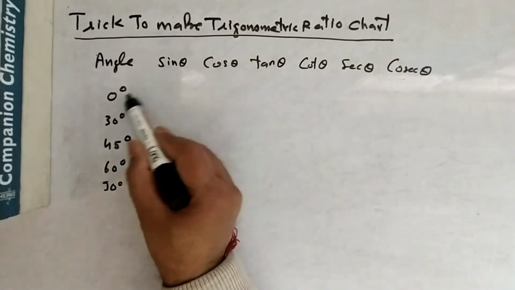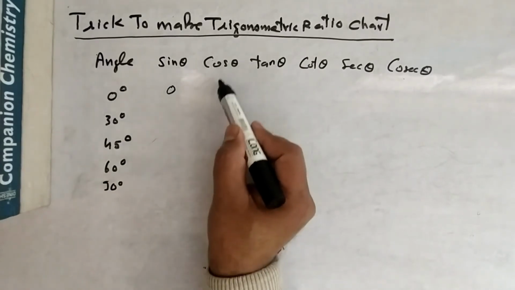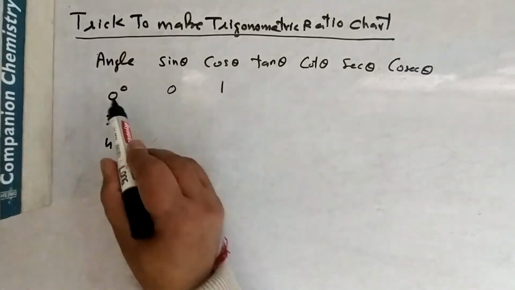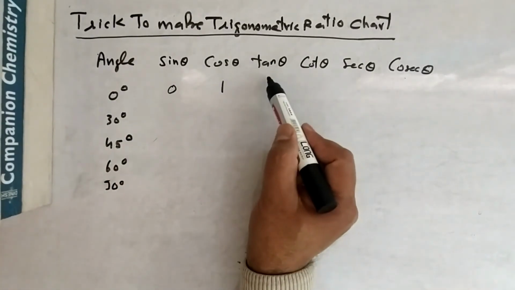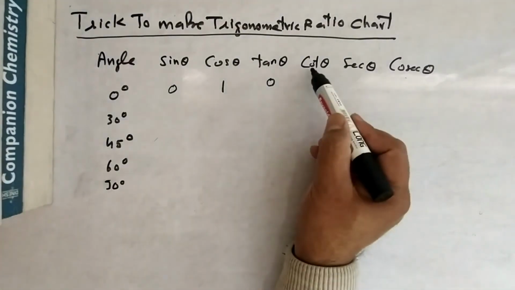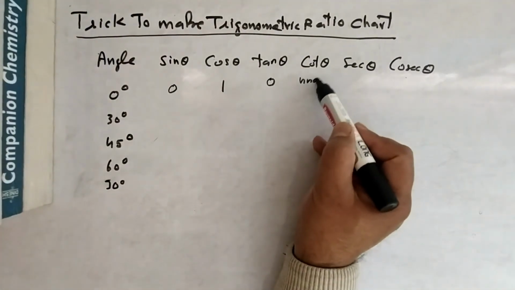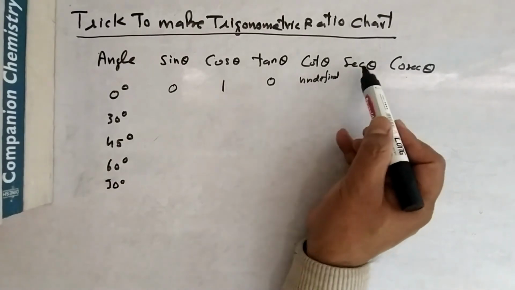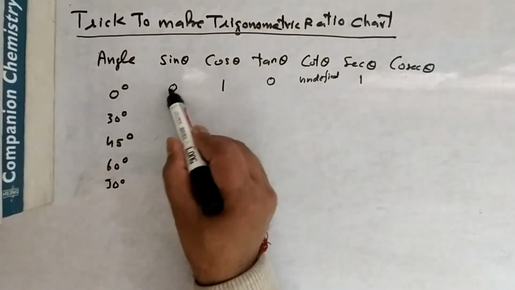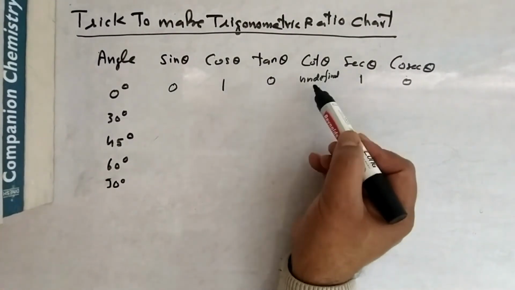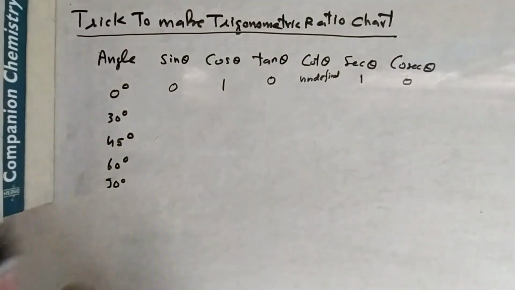See, sine 0 is 0, cos 0 is 1 and tan 0 is 0. Okay, now this is undefined, then this is 1, it goes here. So only these 3, but 1 over 0 is undefined, so I have written like this.